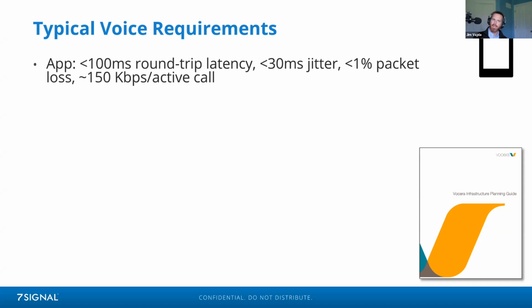And I'll mention the packet loss. Don't confuse that with 802.11 retries. We can lose some 802.11 frames and retry them. And as long as eventually the data packet that's part of that frame makes it across the medium, we don't have any packet loss, right?